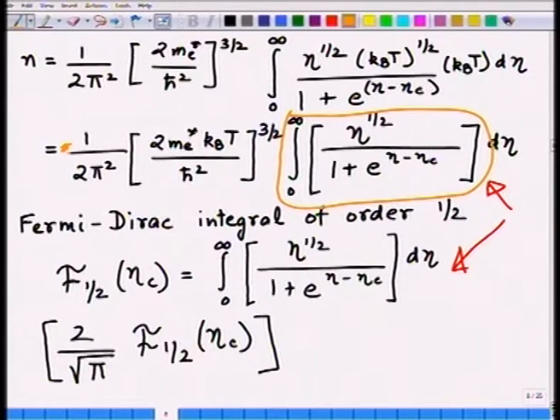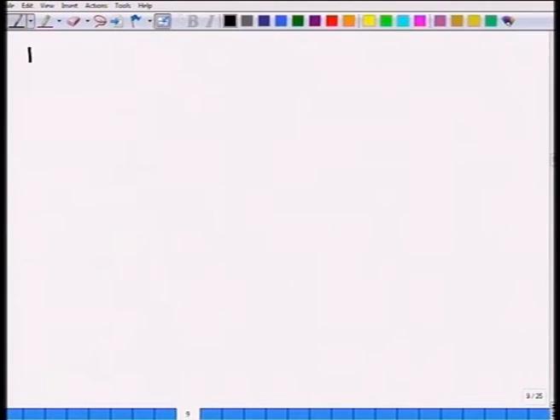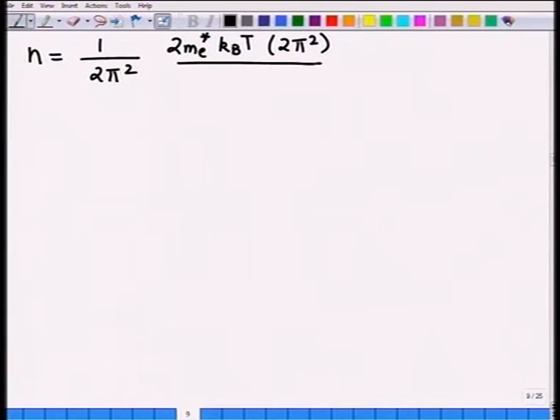So, I am going to rewrite the quantity n again. So, n now is equal to, therefore, 1 over 2 pi square (2 m e star k b T). What I am going to also do is, I am going to write this as 2 pi square right here divided by h square now to power 3 by 2. That is one change I am making. Remember, h bar is equal to h by 2 pi.